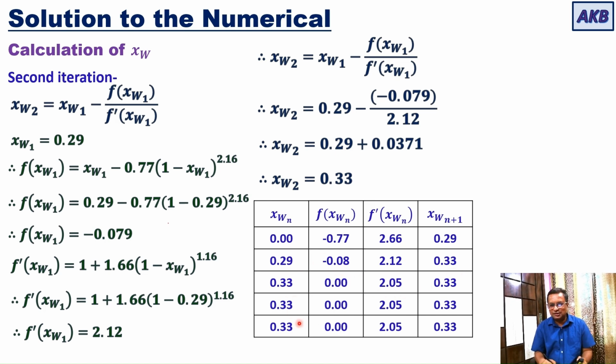So when these steps are repeated, when you go on doing the iterations, you'll come to know that you are getting a constant value for x, and that is the end of the solution. And this is the root of the equation, the value of xw that is required. So in this case, we get xw as 0.33.